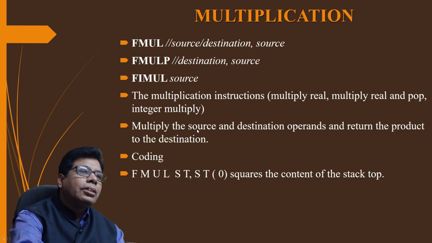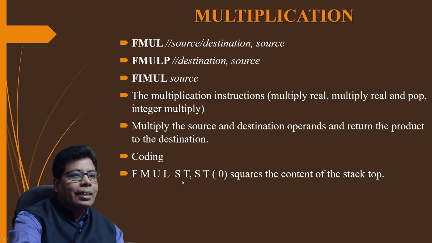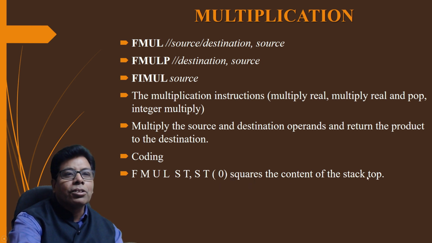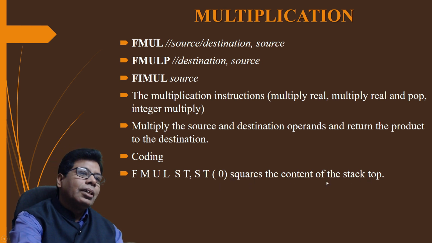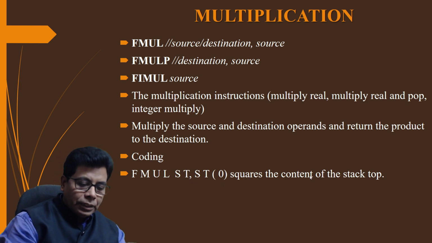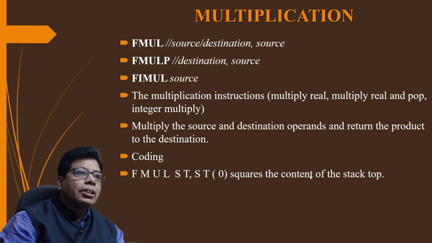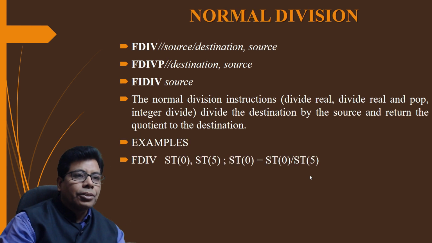This is similar to the addition operations. Now if you take the example FMUL ST, ST0, ST is the stack top and ST0 is again the stack top. So it will square the contents of the stack top, and the result is stored in the stack top only. In this way we can use the different instructions.